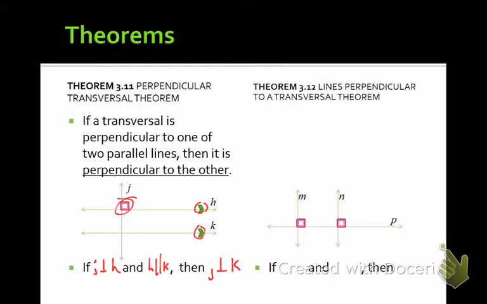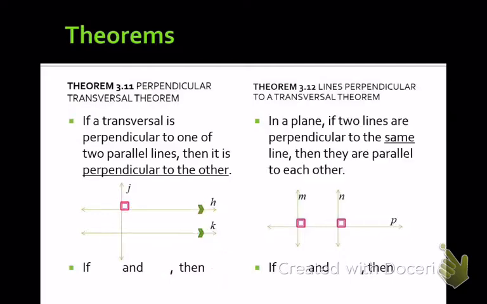Okay, so again, using the diagram to rewrite the theorem in symbolic form helps us know what it is that we need to know, and then what we get to conclude from there. Okay? The next theorem says in a plane, if two lines are perpendicular to the same line, then they are parallel to each other. It's almost like a reversal of the first one, right?